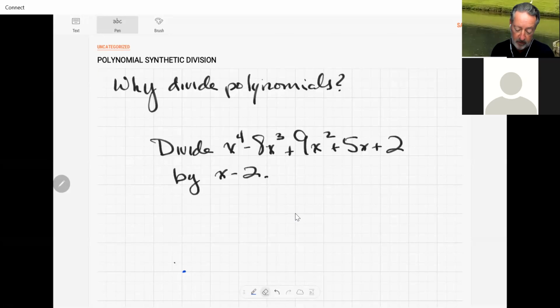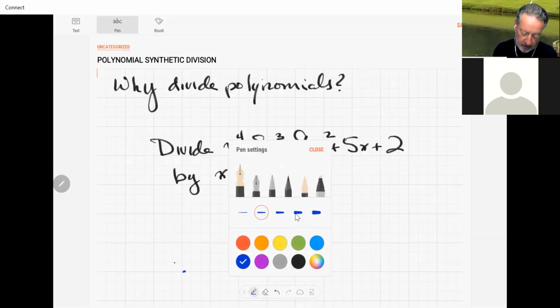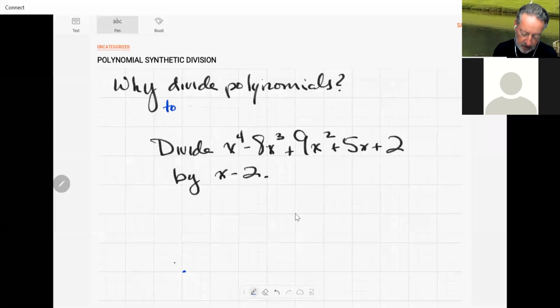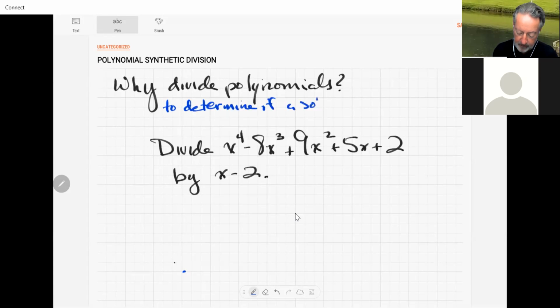So why divide polynomials? The reason to divide a polynomial is to determine if a solution is a real root. Remember that the word root means that it hits the x-axis, right?